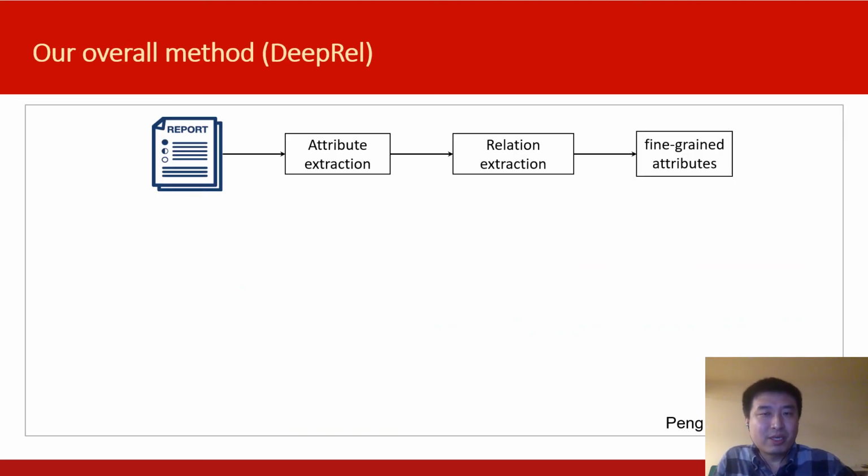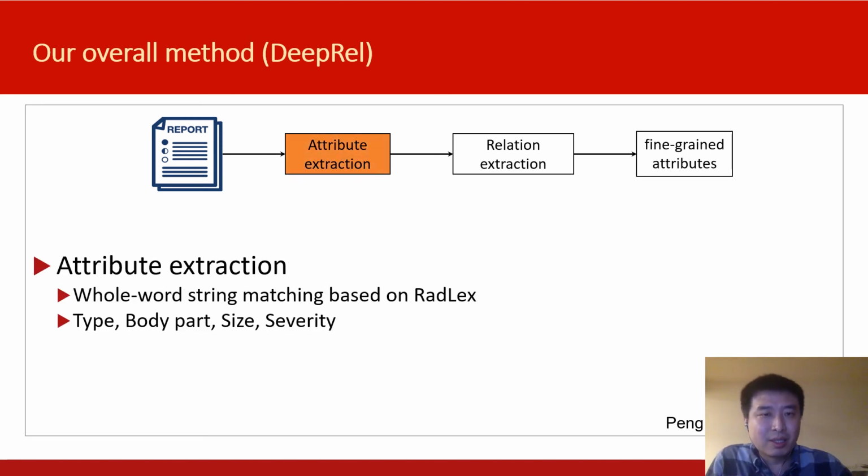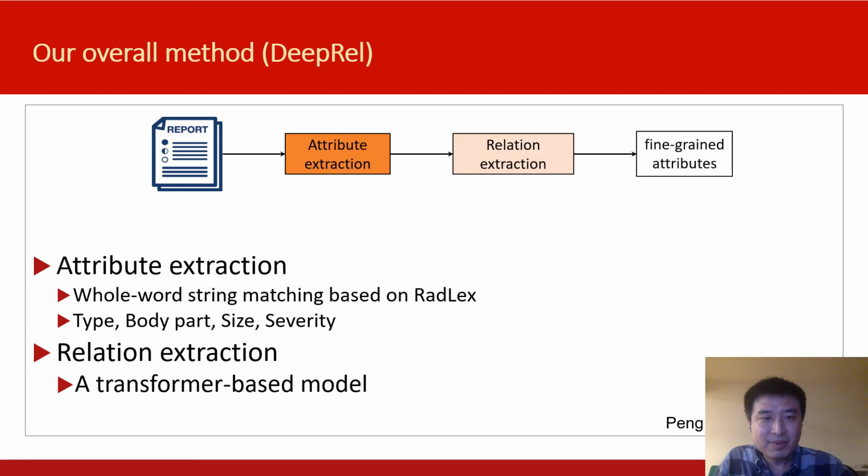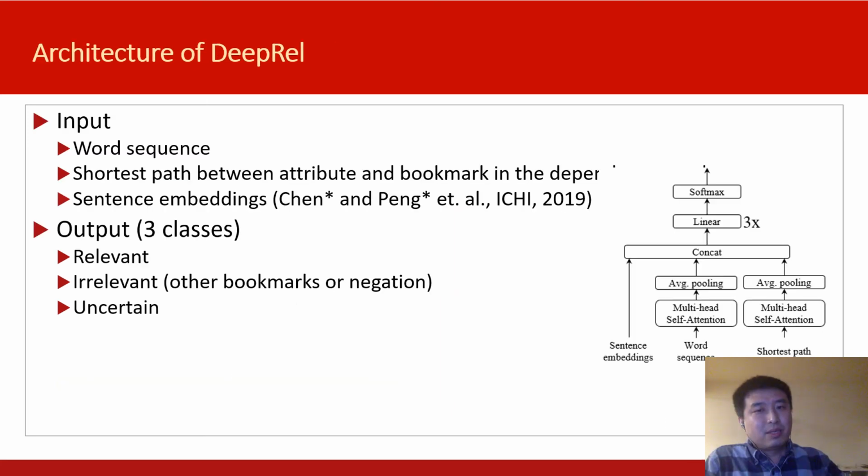Our approach therefore consists of 2 steps. In the first step, we use the named entity recognition tool with the ontology to extract all the attributes from the radiology reports. And in the second step, we use a transformer-based model to distinguish the relation types.